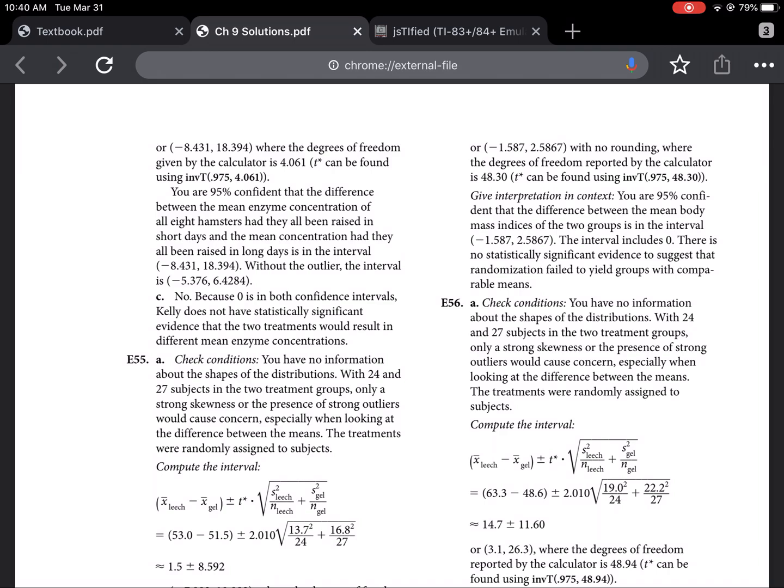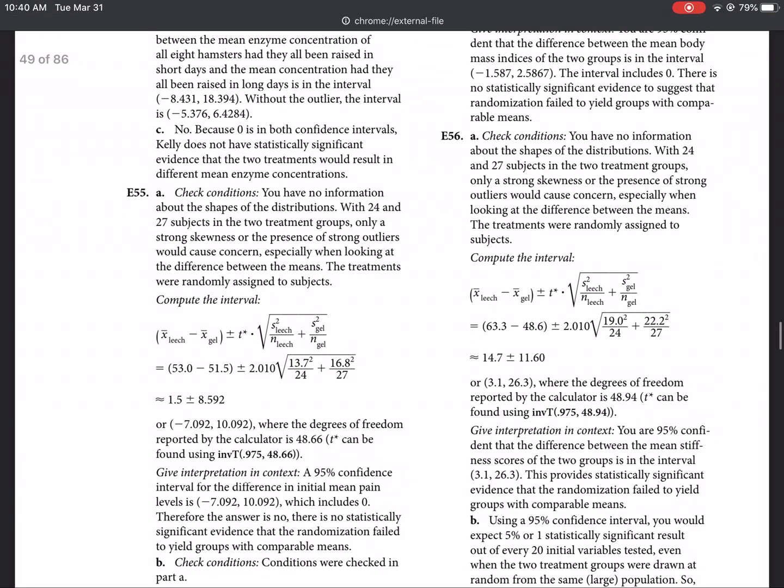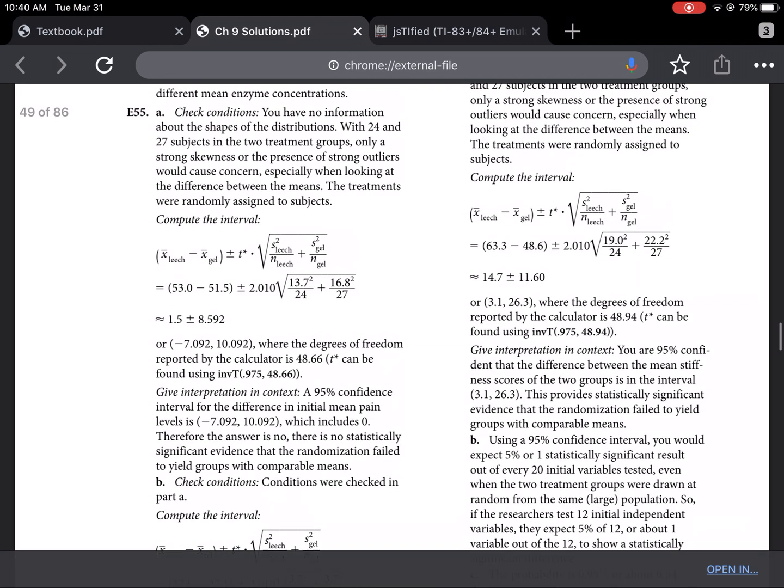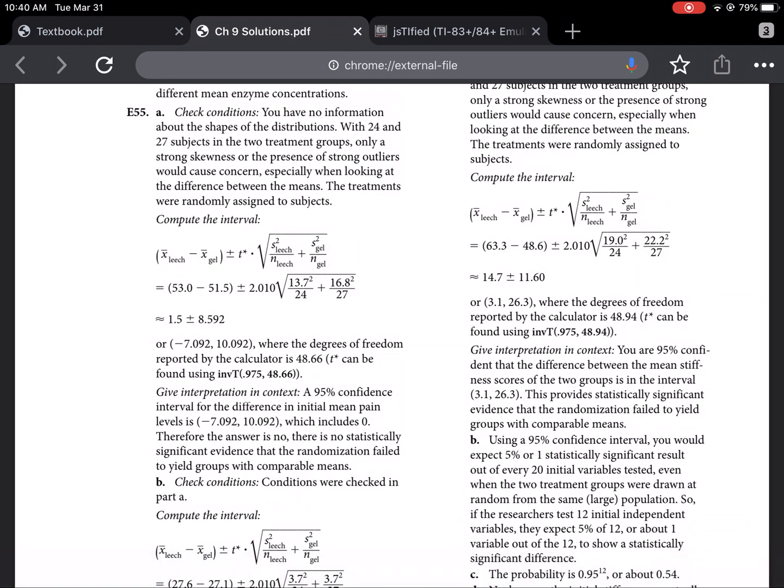Now they did ask me to go ahead and give an interpretation of this, so if I did have to interpret this one or the previous one, let's look at the interpretations. So for part A, interpreting, notice where it says give the interpretation towards the lower half of the left column. A 95% confidence interval for the difference in the initial mean pain levels is negative 7.092 to positive 10.092, which includes 0.